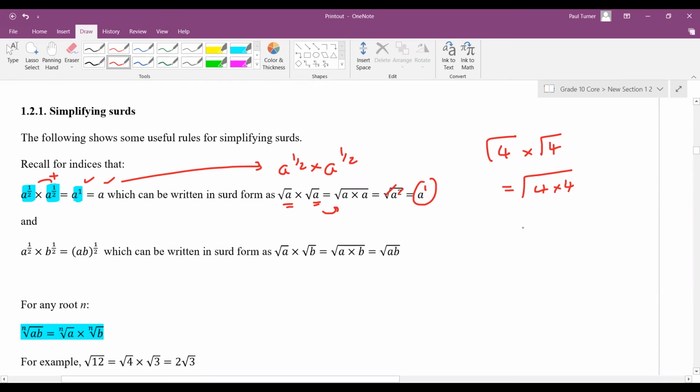And 4 fours is 16. Root 16, which you know is 4, isn't it? Okay, you can go this way, or you can go this way, where you've got root 4, which is 2, and root 4, which is 2 as well, which is 4. Same answer. So you can go a couple of ways here. You can go down, or you can go across here. Depends on what is easiest.